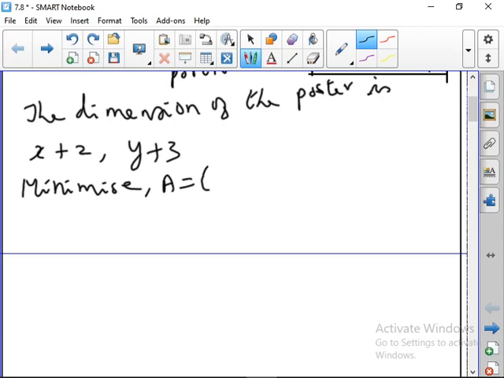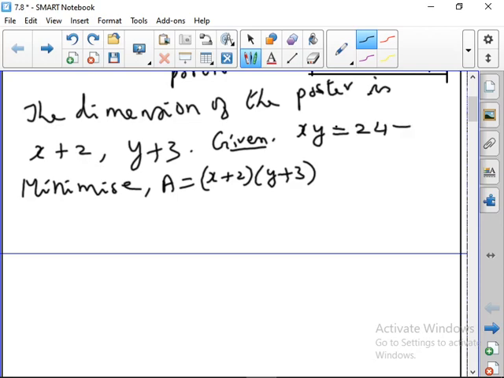What about the area of the poster? X plus 2 into y plus 3, that is length into breadth. And what is given? 24 is the printed area. Printed area is xy, so xy is equal to 24. Take this as number 1.